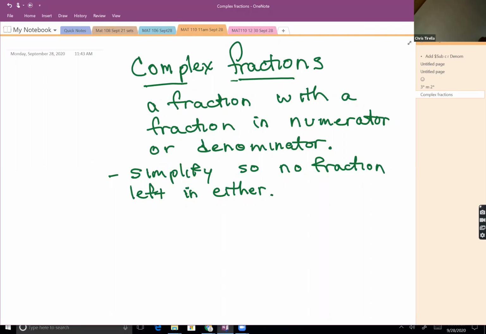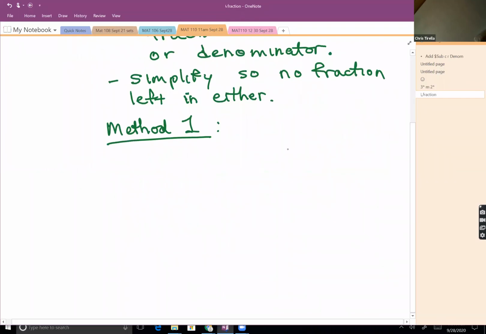So my favorite method, which I'll put down here as method 1, because it's my favorite. What we're going to do is first find the least common denominator of all the fractions within the fraction.